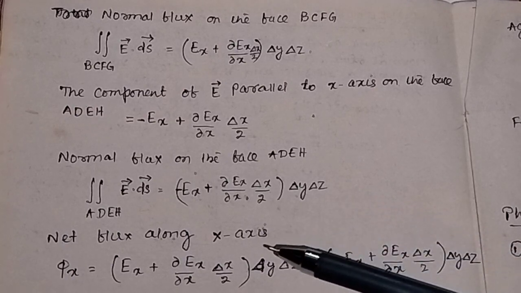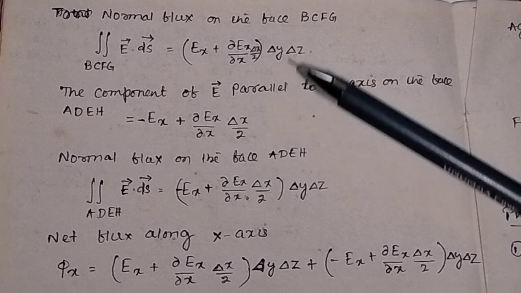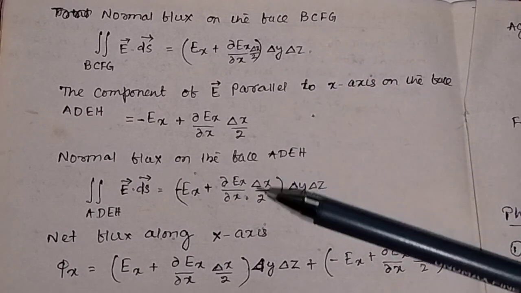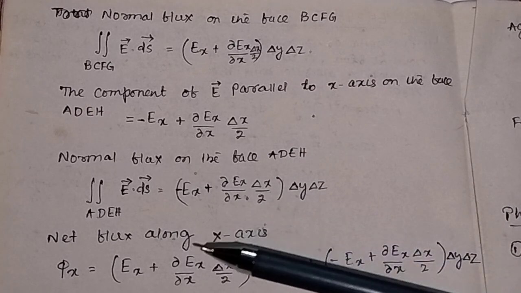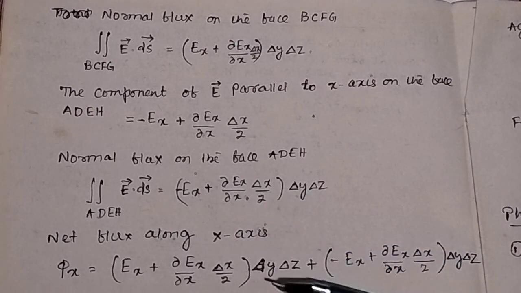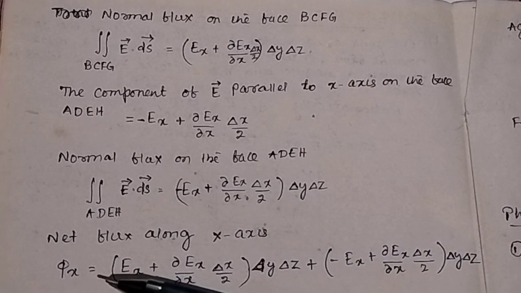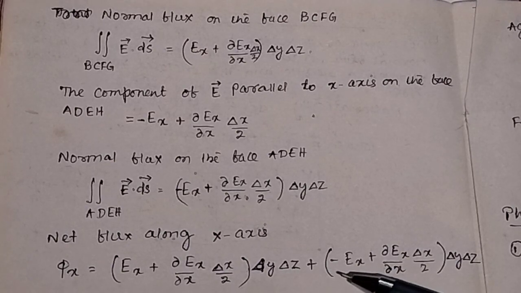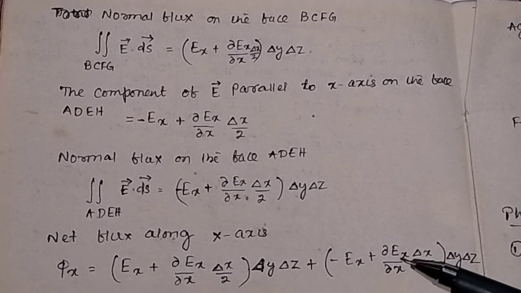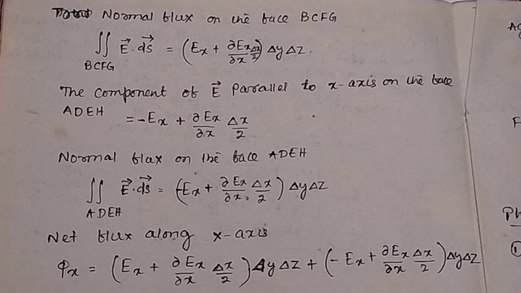So the net flux along the x-axis will be equal to, this is along the positive direction, this will be along the negative direction. So if you add these two, then you will get the net flux along the x-axis. The net flux along the x-axis, suppose phi x, is equal to Ex plus del Ex with respect to x delta x by 2 into delta y delta z, plus minus Ex plus delta Ex with respect to x delta x by 2 delta y delta z.